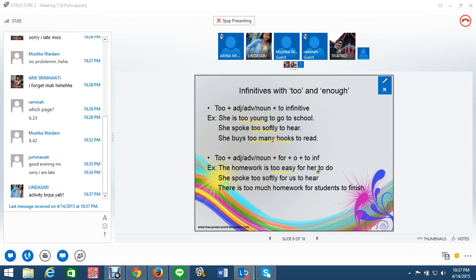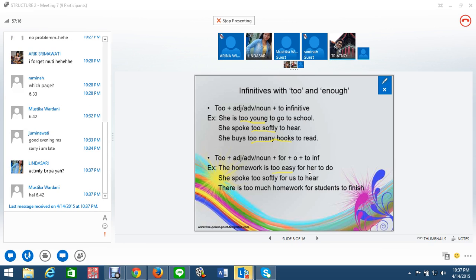Object here, her, is an object pronoun. The subject pronoun is what? She, that's correct. Subject pronoun she, and then to infinitive, to do. You have to remember that.